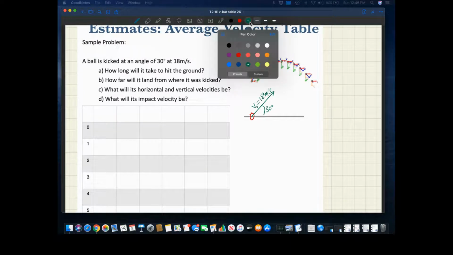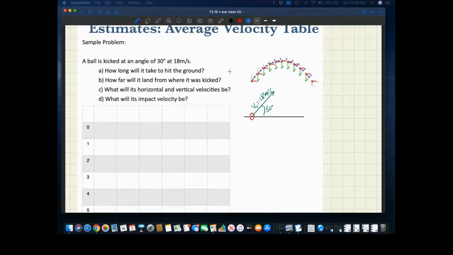Now that velocity has two components: the horizontal, Vx, and the vertical, Vz. Those two components are necessarily perpendicular to each other, so of course we see a right triangle, and we can label the sides.